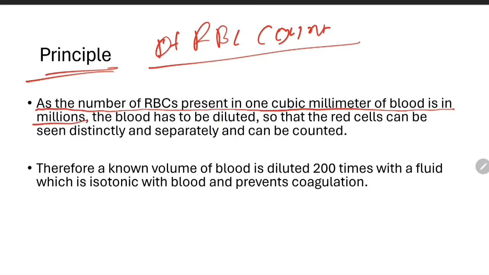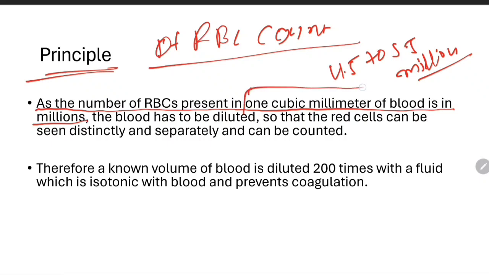We have already discussed that the normal RBC count is 4.5 to 5.5 million per microliter, or per cubic millimeter of blood. 1 microliter, or we can say 1 cubic millimeter, is the same thing.